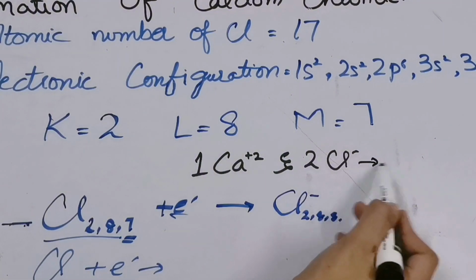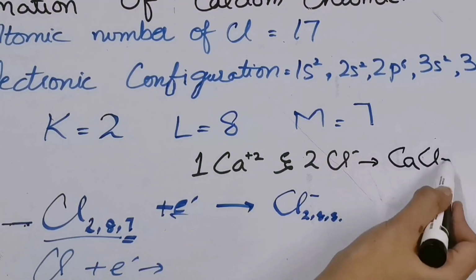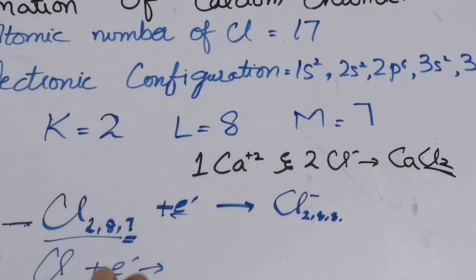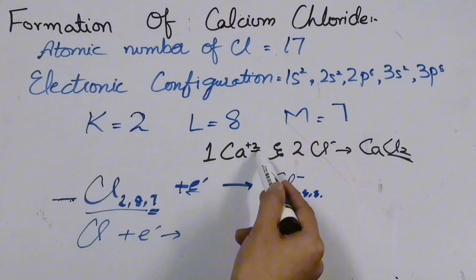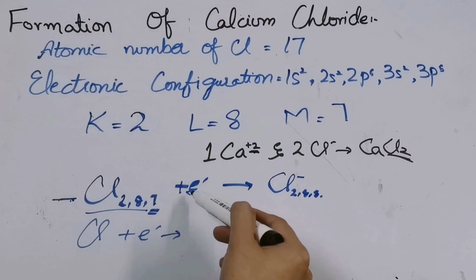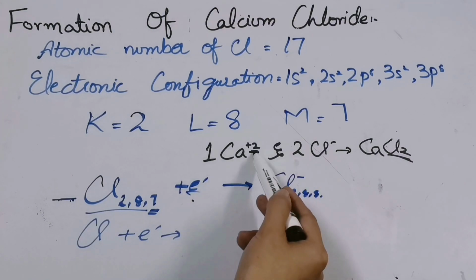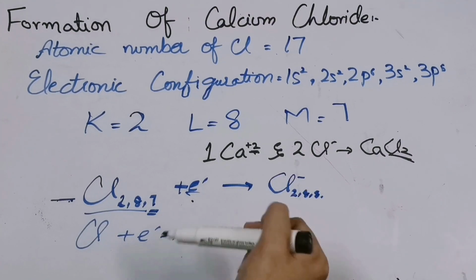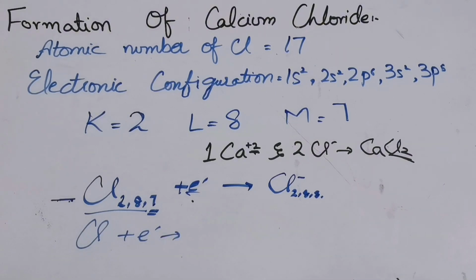The formula of calcium chloride is CaCl2. So there are 2 chlorines present. Calcium lost 2 electrons. 1 electron is accepted by 1 chlorine and the second electron is accepted by the second chlorine. Let us see the diagrammatic representation of this reaction.